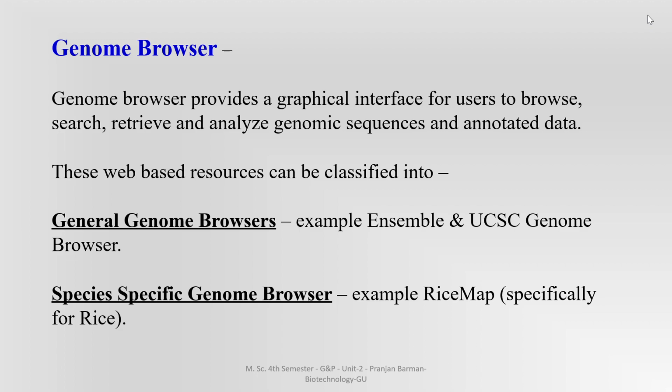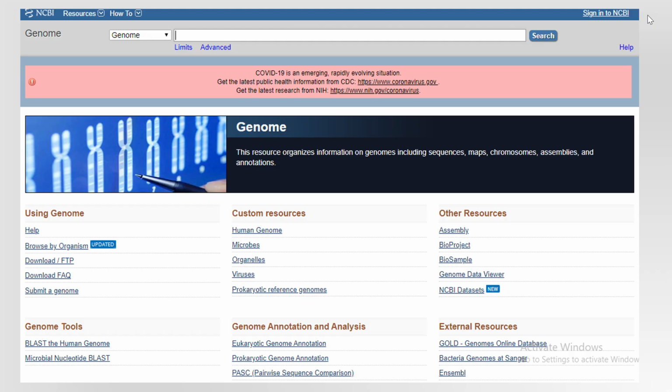Many species' information is available. In certain cases, you have only one species, like Rice Map, which is related to the physical map of rice only. But in case of Ensembl and the UCSC genome browser, you will get information on many species.